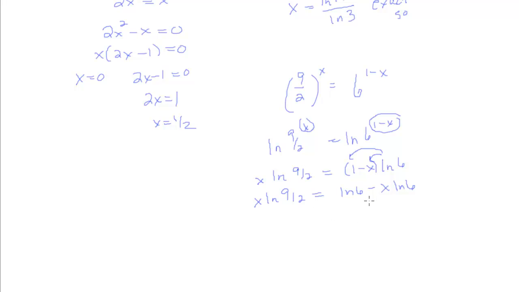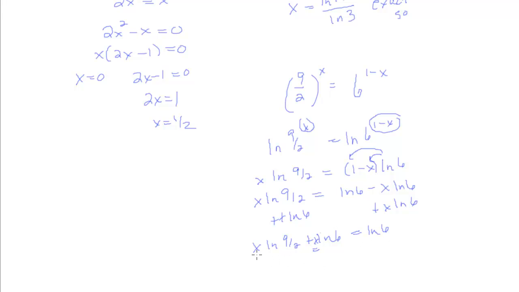Okay, so now, remember, my objective is to get x by itself. So I want to get anything that has an x on one side and everything that doesn't have an x on the other. So let's add this term to both sides. So on the left, I'll have x natural log of 9 over 2 plus x natural log of 6, is equal to the natural log of 6.